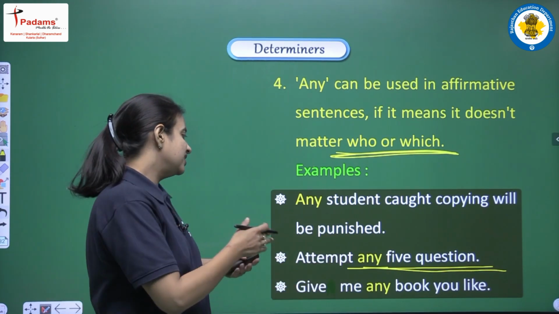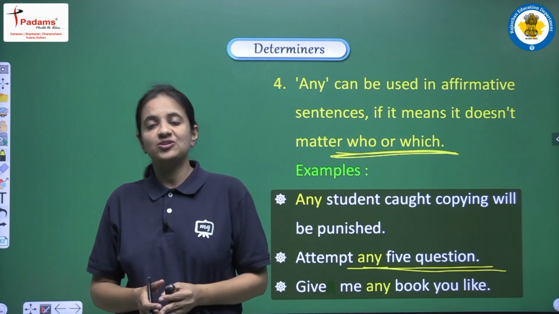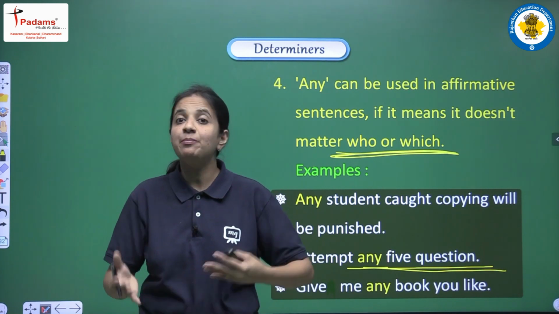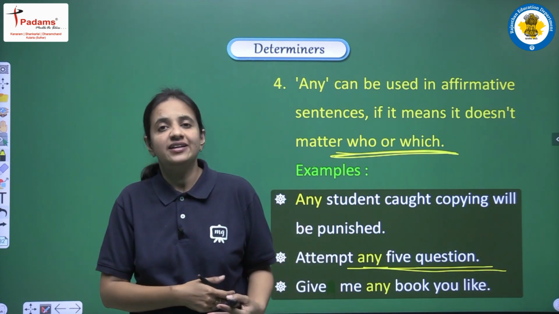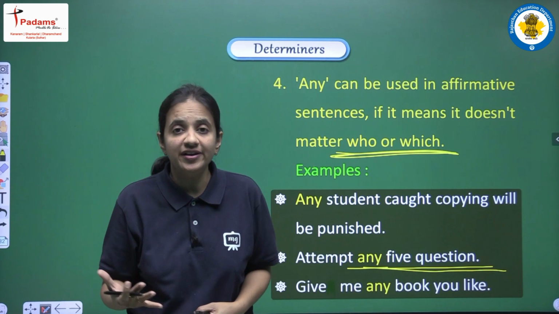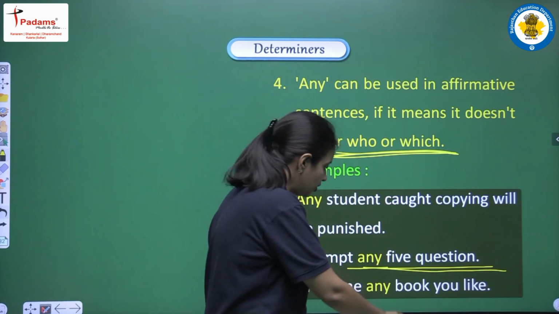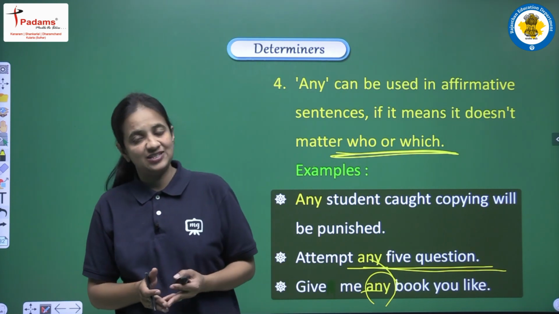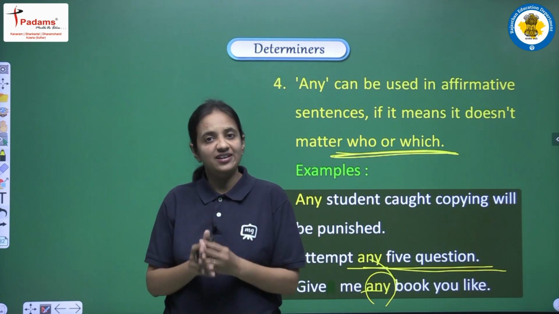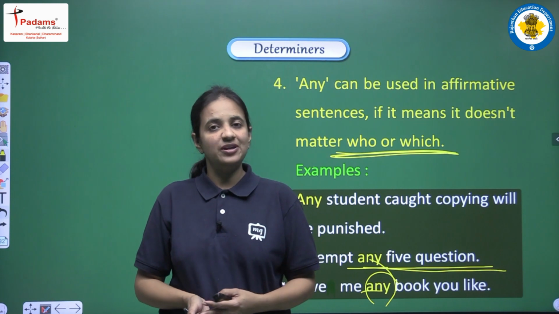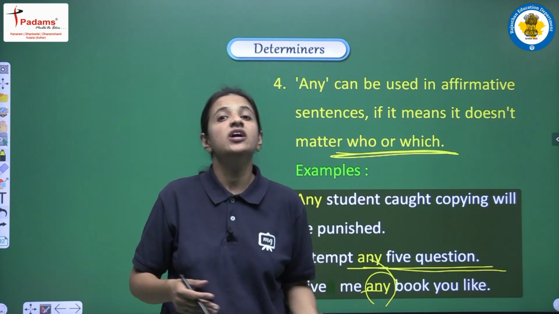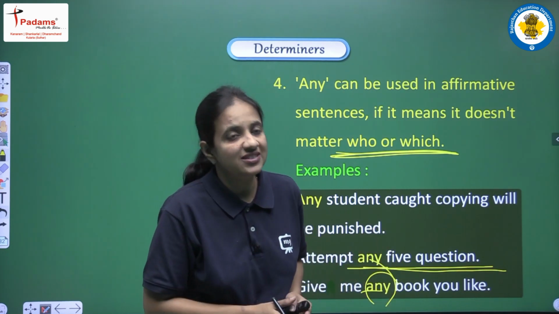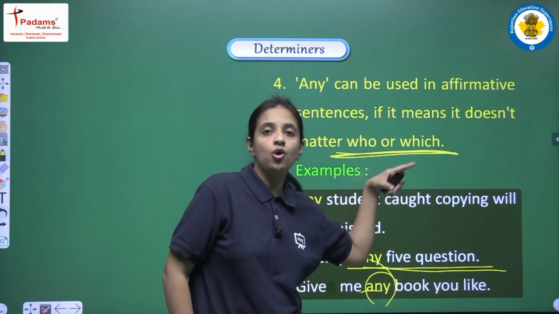Next example is: give me any book you like. Here also we are talking about a very general thing. We are not talking about any particular book, right? We are saying give me any book of your interest, give me any book you like, and this is the reason we are writing any in this sentence. Okay, so listen to this rule very carefully: any can be used in affirmative sentences also, if we are talking about a very general thing, if we are saying that it doesn't matter who or which.